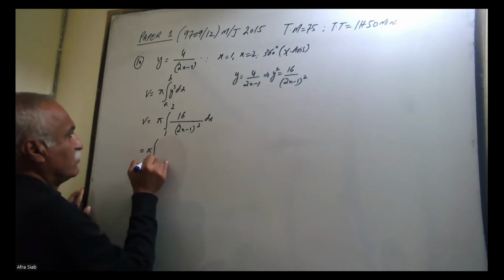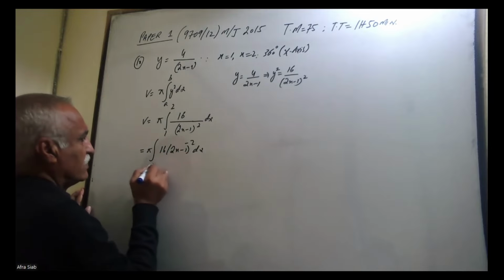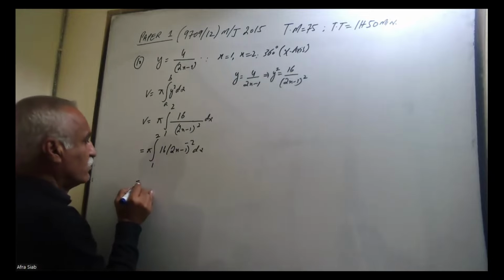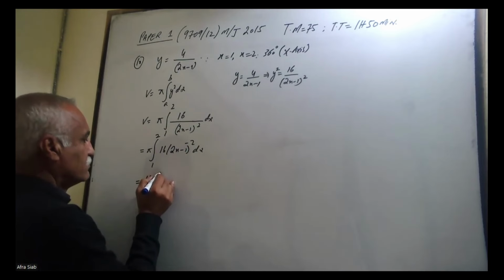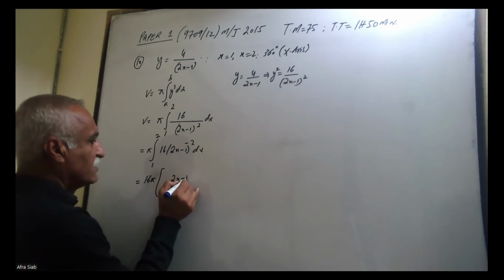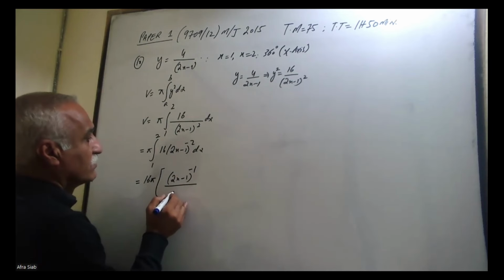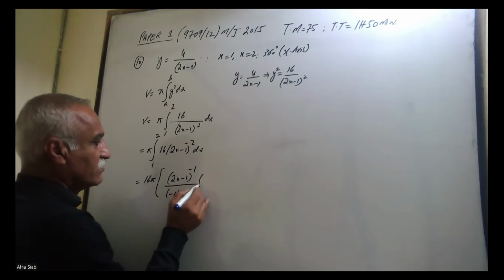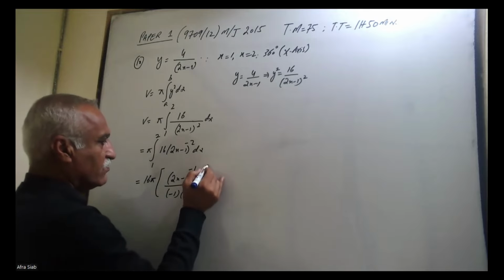So this is pi into 16 into (2x minus 1) to the power minus 2 dx, with limits 1 to 2. 16 is a constant, so it is taken outside. The integration of this is (2x minus 1) to the power minus 1 over minus 1, into the integration of the inner function, which is 2, and the limits are 1 to 2.